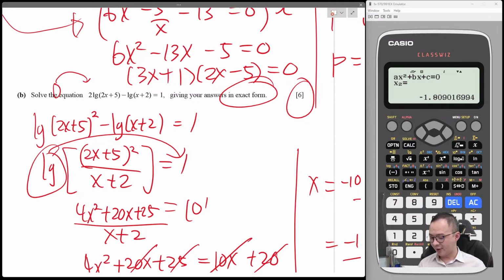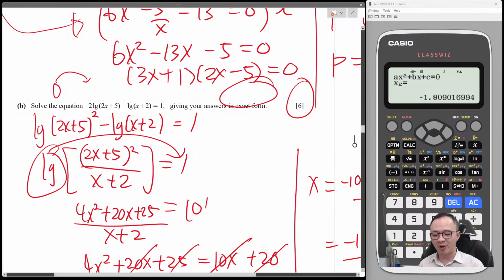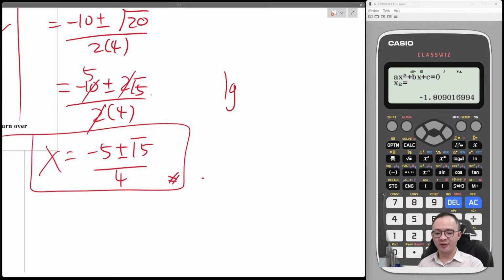Yep, in this case both answer is fine because if you sub into it, we will not get the math error. Because here you got plus 2, right? You can see. But thanks Claire to mention about this one. Because log normally we need to pay attention at plus minus. Because here we have something like x plus 2, right? But one of my x answer is negative 1.8 plus 2.